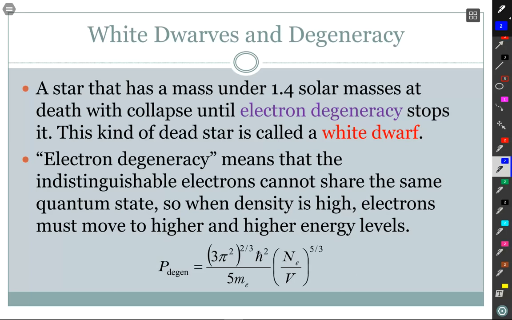Now, we haven't really talked about degeneracy in this class like we probably should have. Degeneracy is a term that means you have more than one state with the same energy. That's what degeneracy means in quantum physics.